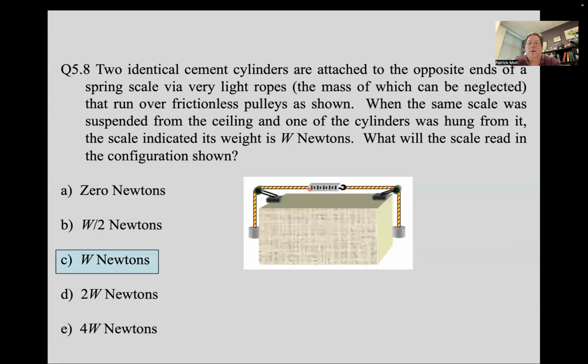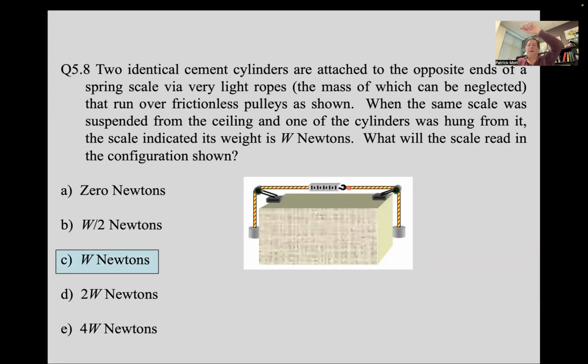So now I look at the spring scale. The spring scale is being pulled to the left with a force of magnitude W arising from tension, and the hook on the spring scale is being pulled to the right by a force of tension of magnitude W. And this is precisely the same arrangement in which, if it was hung vertically, the scale reads W, right?